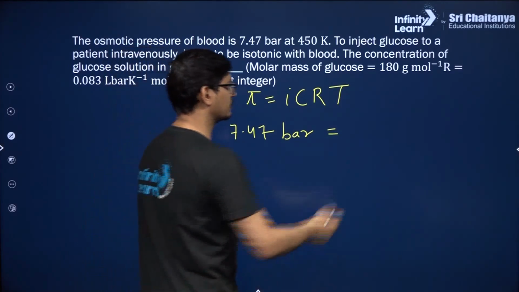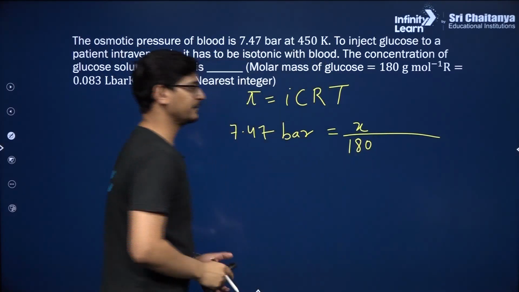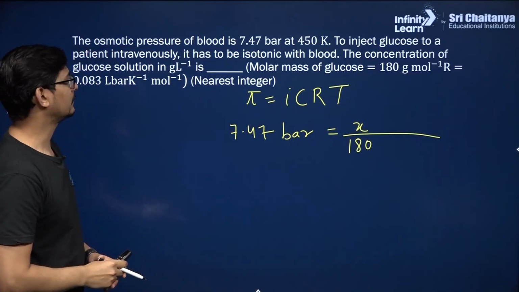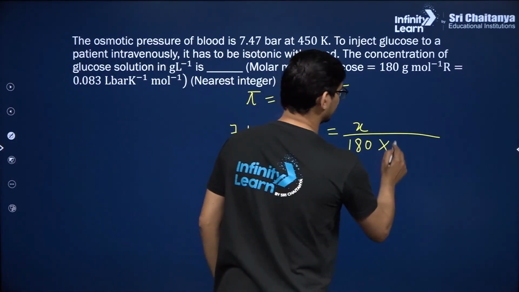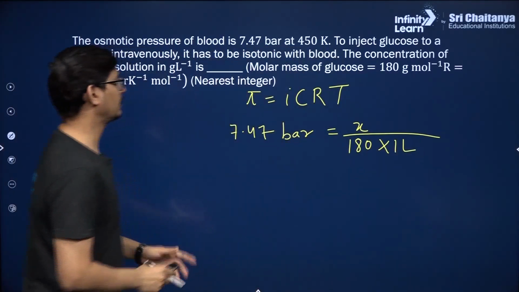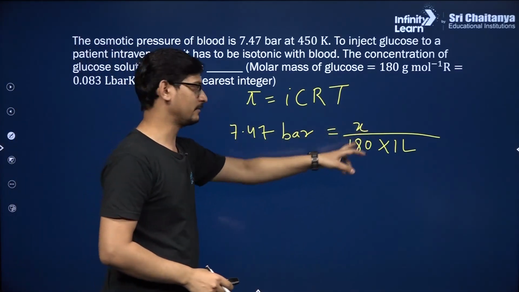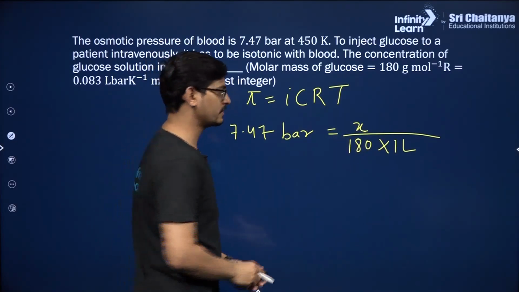Now let us suppose we have to dissolve x gram of glucose. If I divide x by 180, that gives me the number of moles. Solution volume is 1 liter, because they have not given the concentration of glucose solution in gram per liter. So x is the mass of glucose in gram, dividing by 180 converts to number of moles, divided by 1 liter, that is molar concentration.